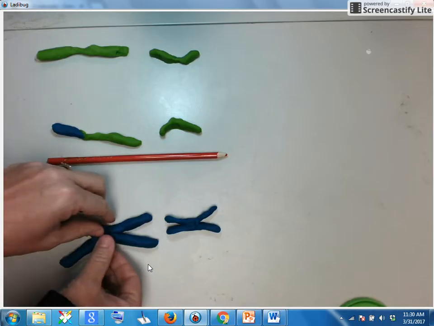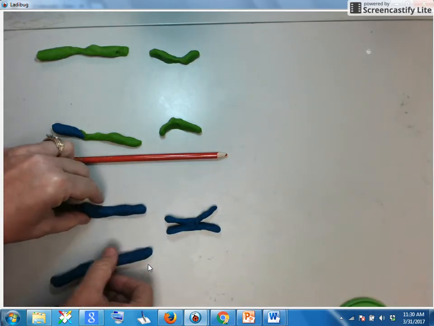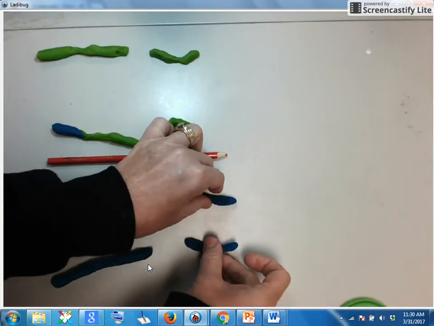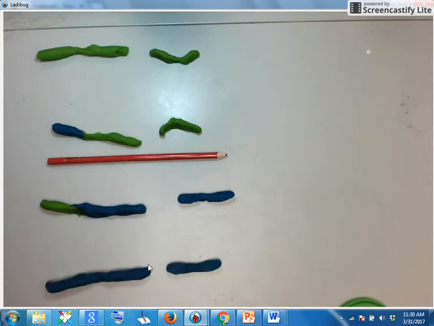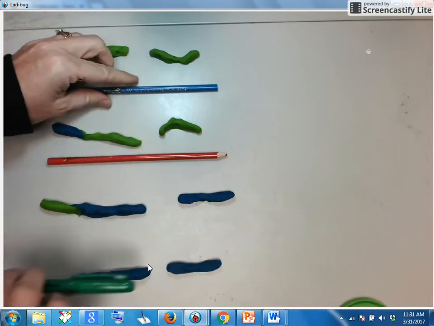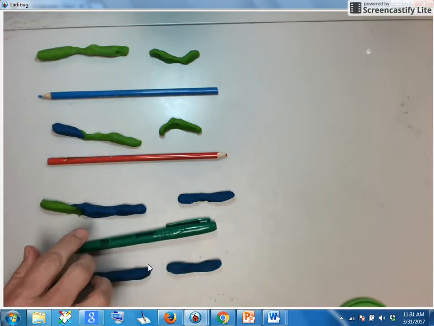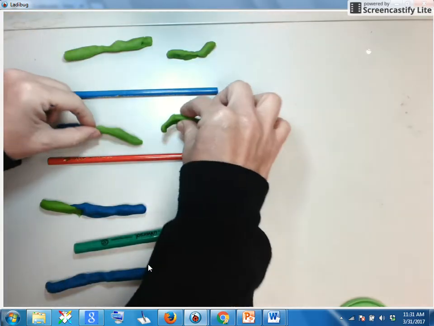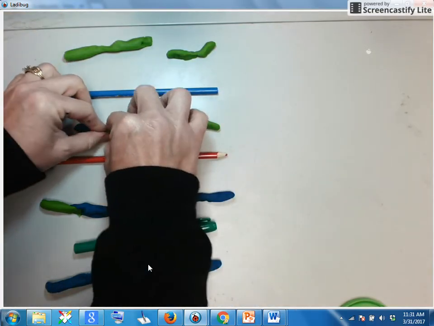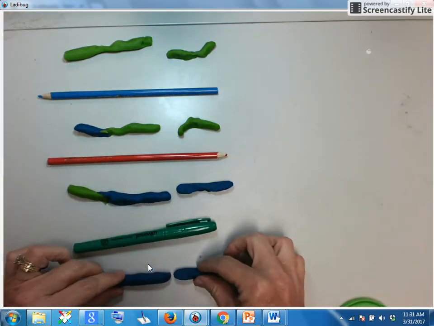Oh no, we're breaking up the sisters. You have to divide the centromere. You break up the sisters. And so this is going to form a cell. And this is going to form a cell. So at this point, here's a cell, here's a cell, here's a cell, here's a cell.